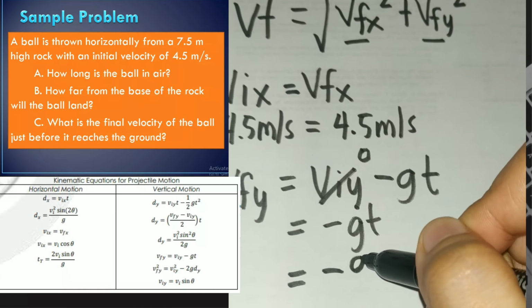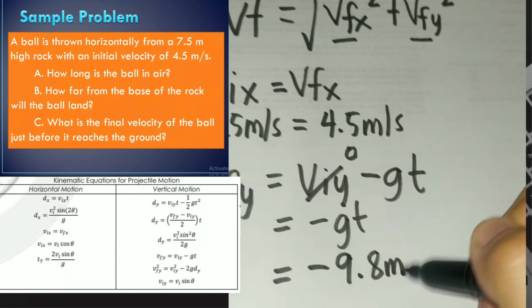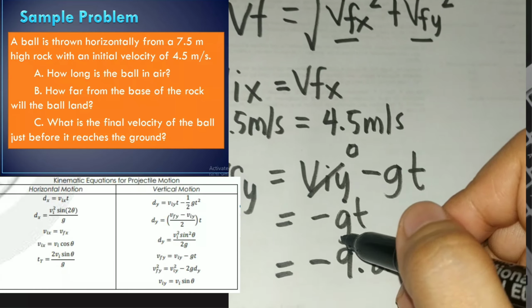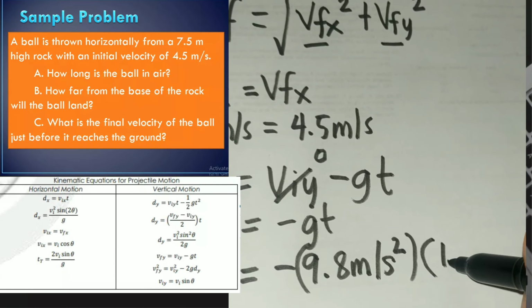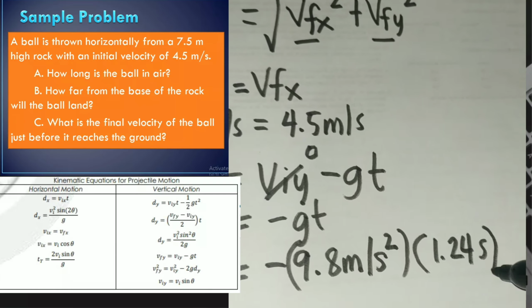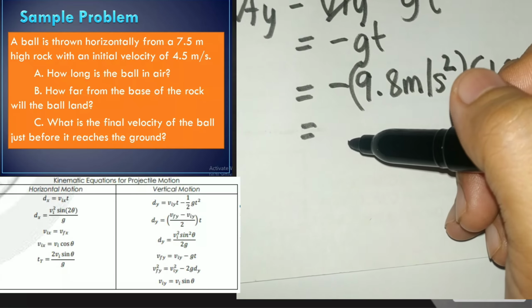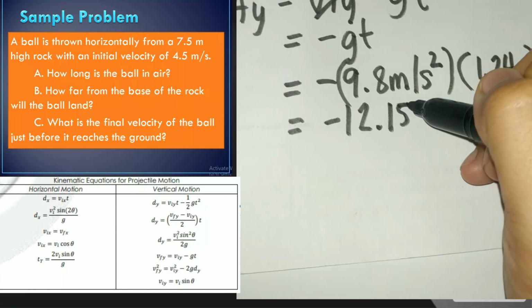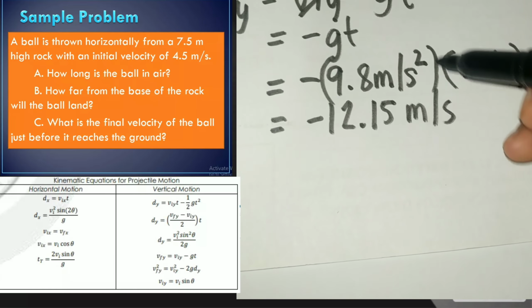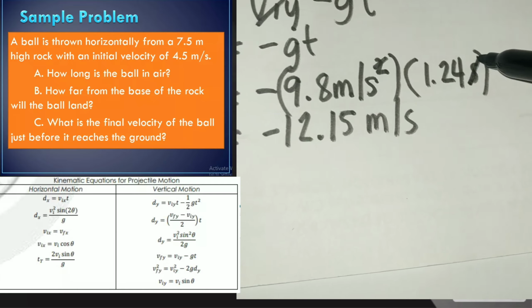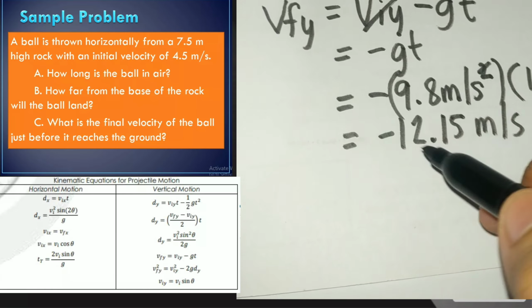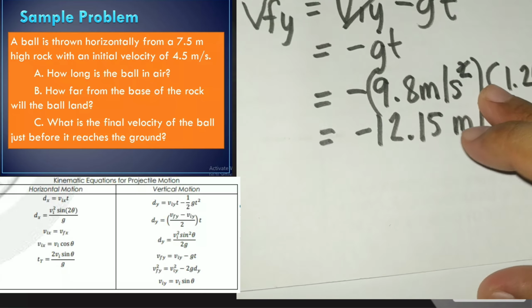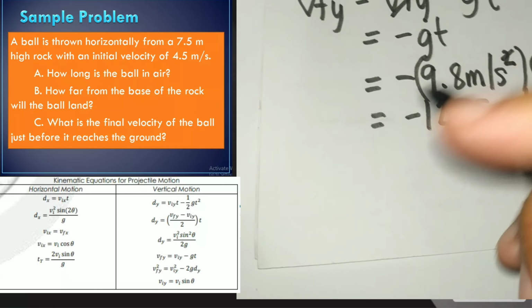So this is negative 9.8 meters per second squared multiplied to your time, which is 1.24 seconds, and that will give you negative 12.15 meters per second. So that is your Vfy. Now that we have the value of Vfy, we can now solve for Vf.